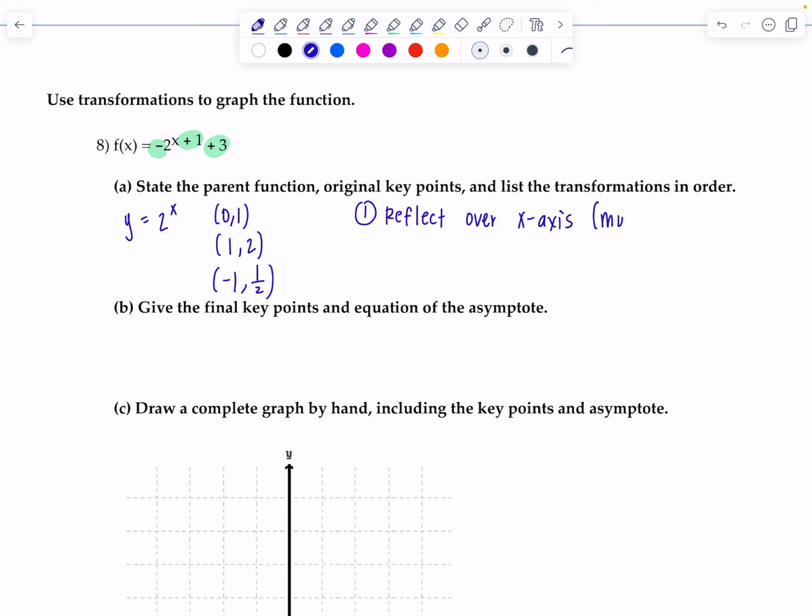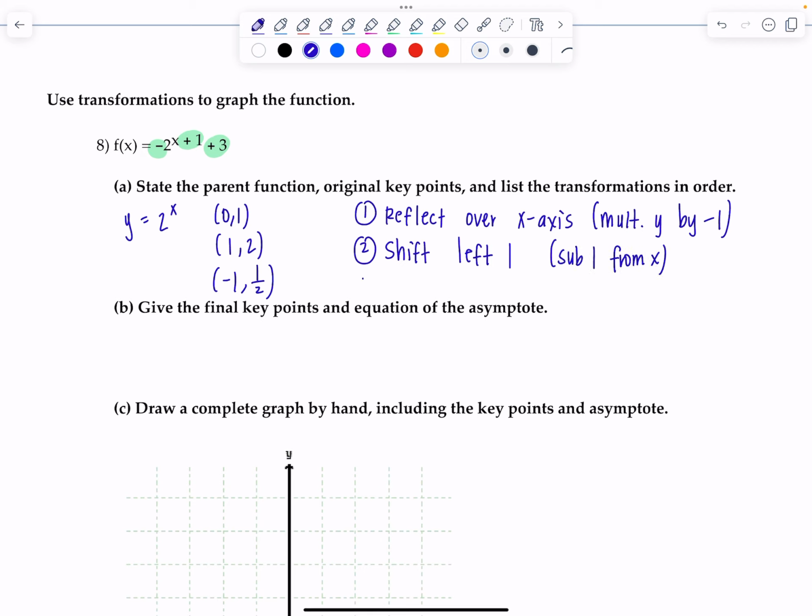The way I'm going to make that happen is multiply all the y coordinates by -1. And then the x plus 1, that plus 1 means we shift left 1, so we're going to subtract 1 from all the x's. And the plus 3 means we shift up 3, so we're going to add 3 to all the y values.